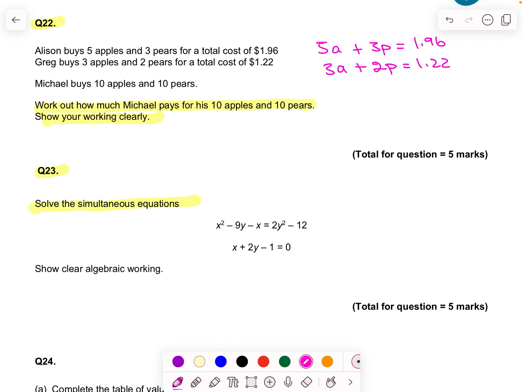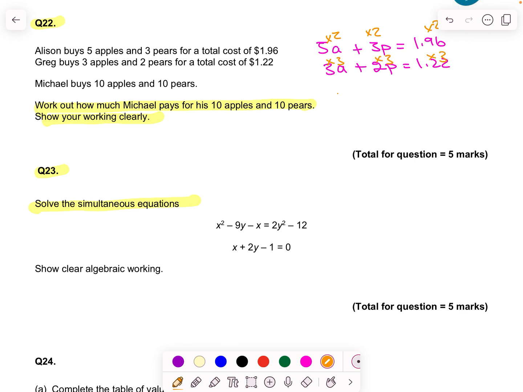Okay, let's go straight into it. Let's solve this. I'm going to multiply. Let's make the p's the same. So I'm going to multiply this all by 2 and all of this by 3. And that will make the p's the same.